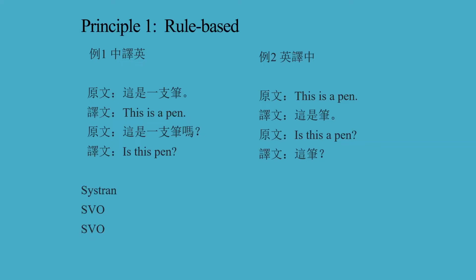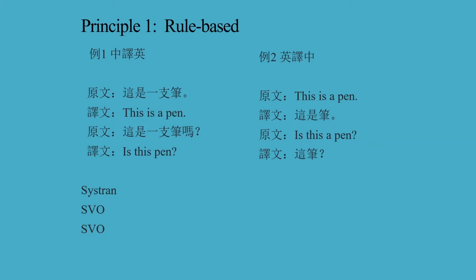From these two groups of examples, we can see the translation output is not very good, because even from very simple examples we can see the basic differences between Chinese and English. So the translation output is not good.